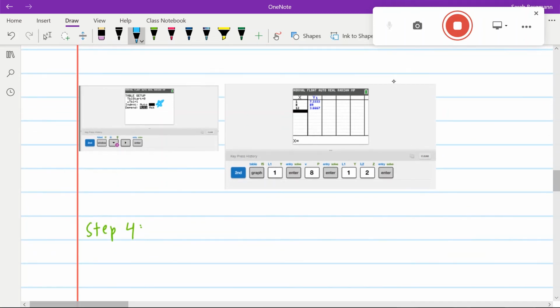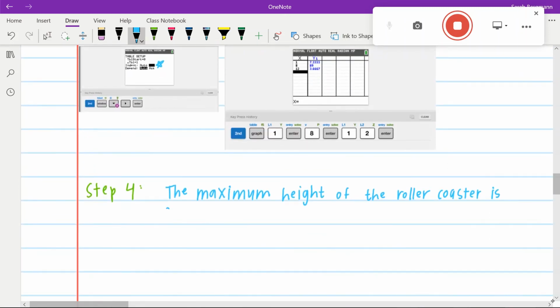So now to explain this, I'm going to say the maximum height of the roller coaster is 89 feet. It reaches the height after 8 seconds.